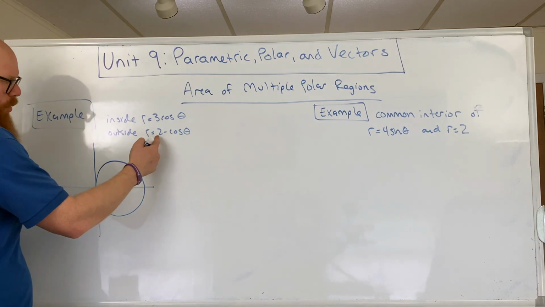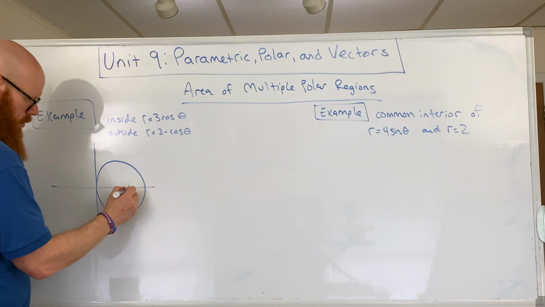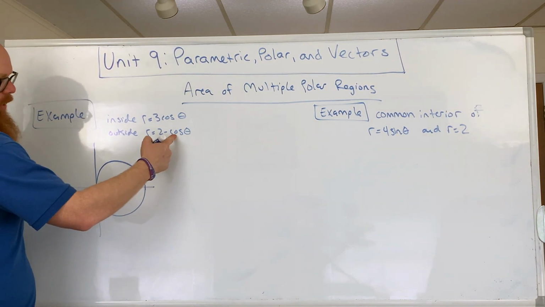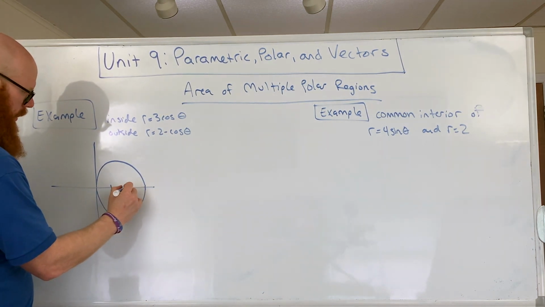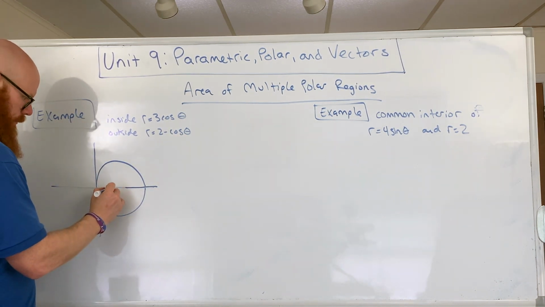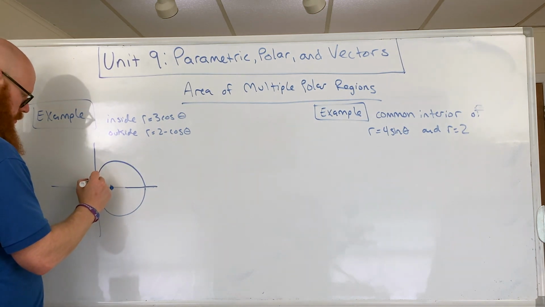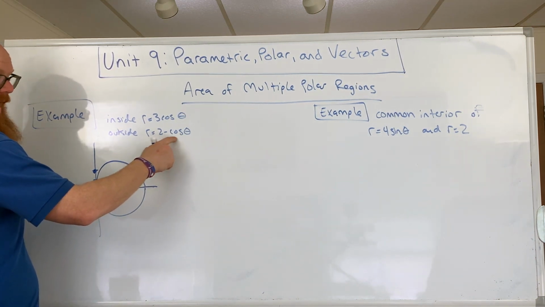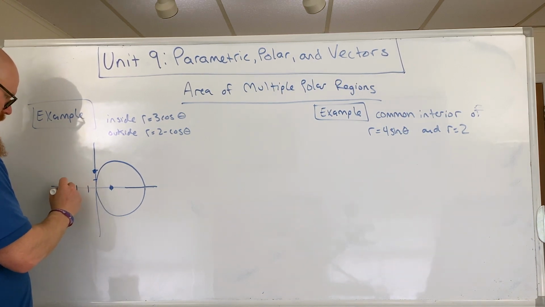What we can do is quickly sketch the four points. Plug in 0, whoops, my bad, plug in 0 and you get 1, since 2 minus 1 is 1. Plug in pi over 2 and you get 2. Plug in pi and you get 3, so 3 in this direction.